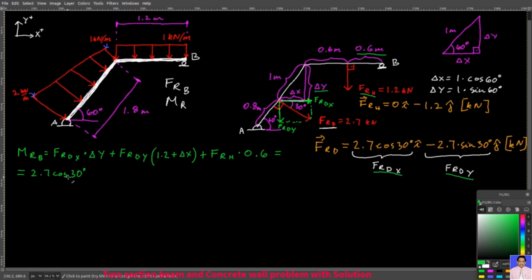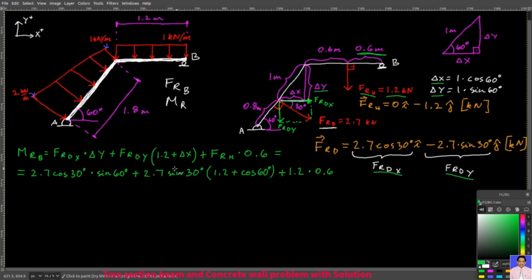So let's put some numbers in now. This is your FRDX times sine 60 degrees, which is your delta y. Then this is your FRDY times all this. Remember, your delta x is cosine 60 degrees. We can simply omit the ones here. And then you have 1.2 times 0.6. That's your 1.2 and that's your 0.6.